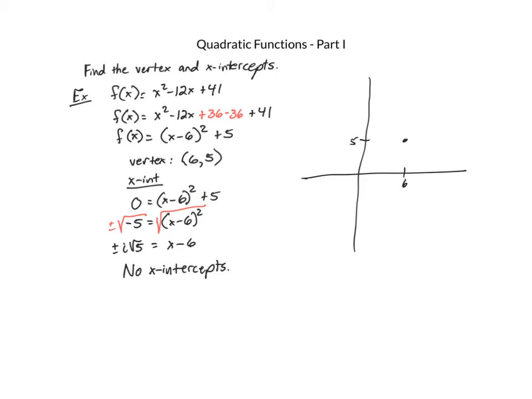And if we have a parabola that opens up with the vertex at (6, 5), it's opening this direction and won't cross the x-axis at all. So it makes sense there are no x-intercepts. I'd have to do a little bit more work to figure out exactly what the graph looks like. I'd probably use the y-intercept, but I'm not going to take the time on this one.